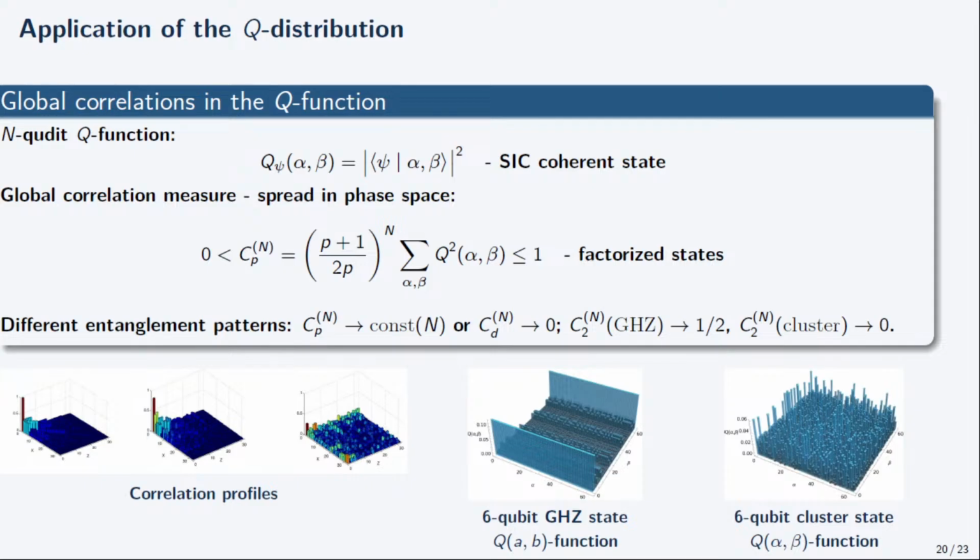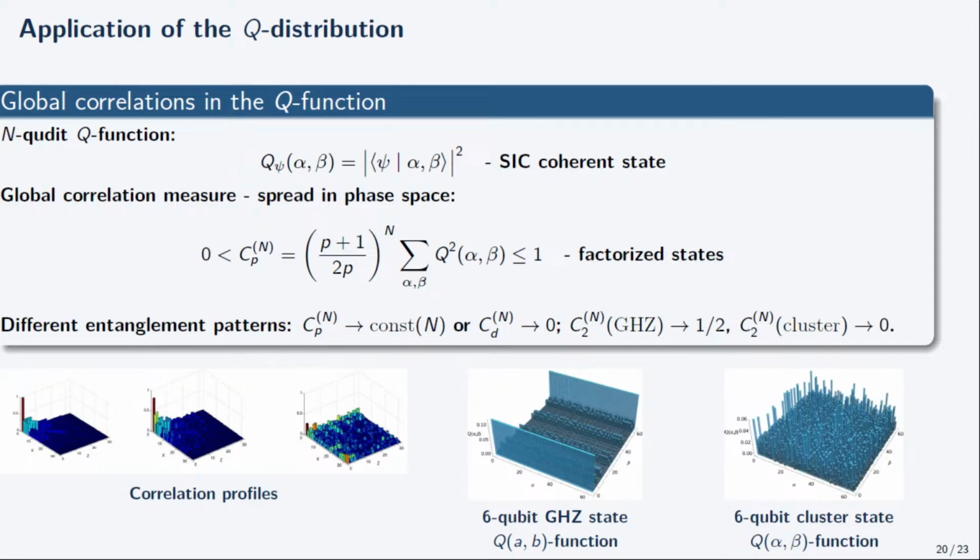This is an interesting thing, because the question is, okay, I understand all this complicated stuff, finite fields and these manipulations, but what for? What the hell can I do with it? So this is one of the applications: how we can use the Q function to distinguish correlated and uncorrelated states.